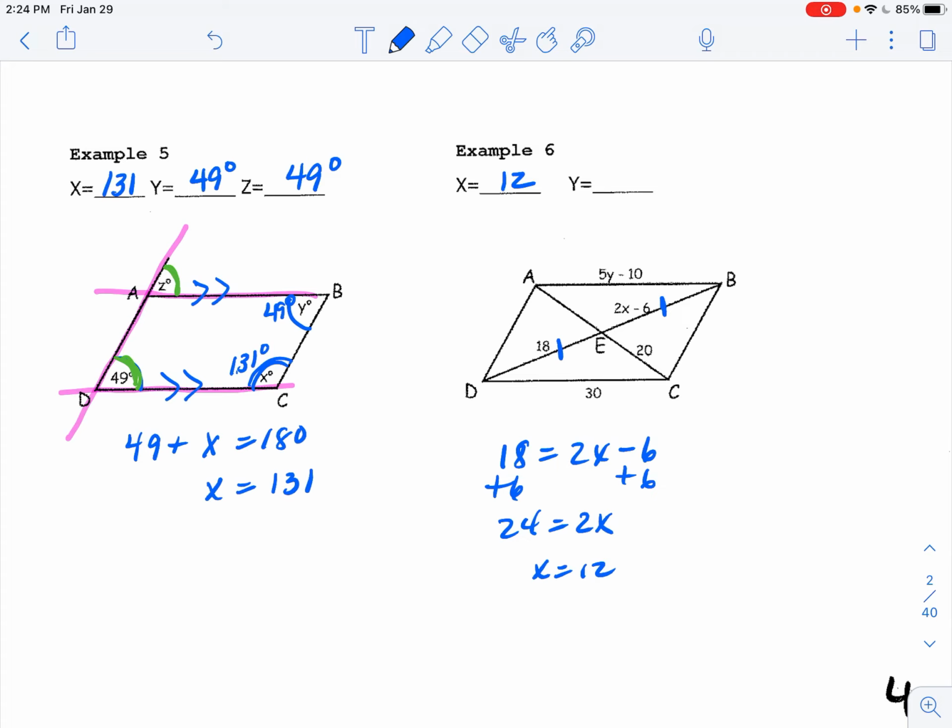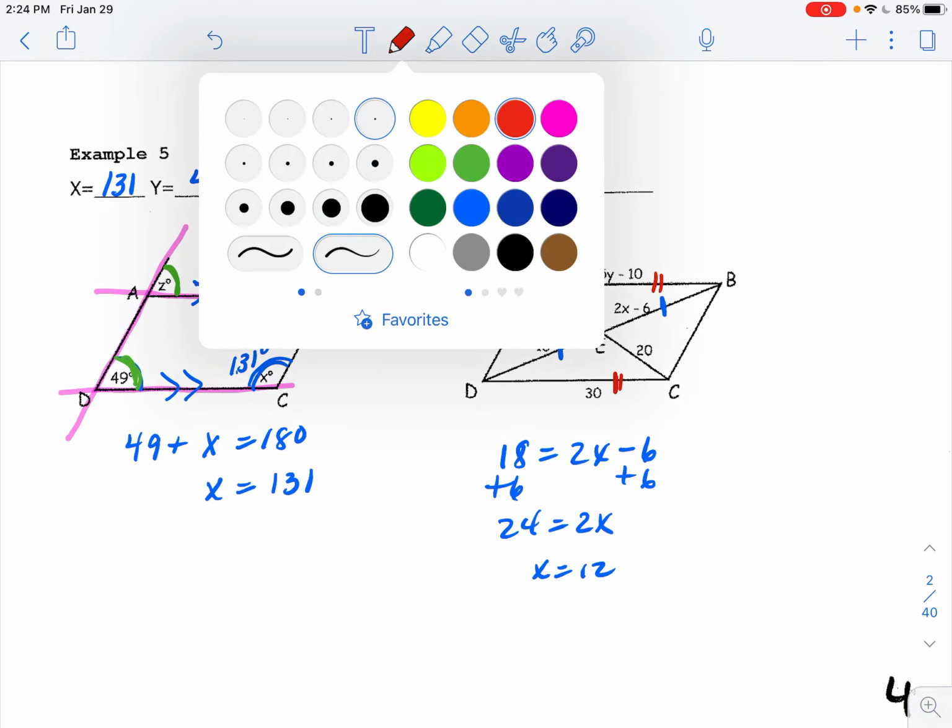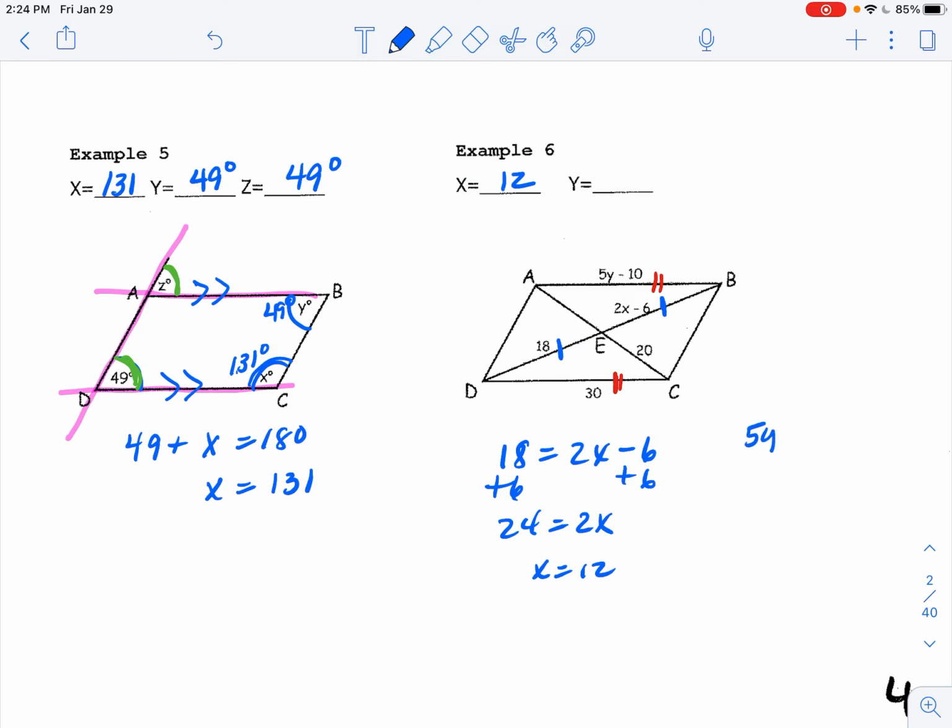And I also know that this 5y minus 10 is congruent to 30. Those are the parallel sides, and so I can set 5y minus 10 equal to 30. Add 10, so 5y is equal to 40, and divide by 5, so y is equal to 8. All right, that's it.